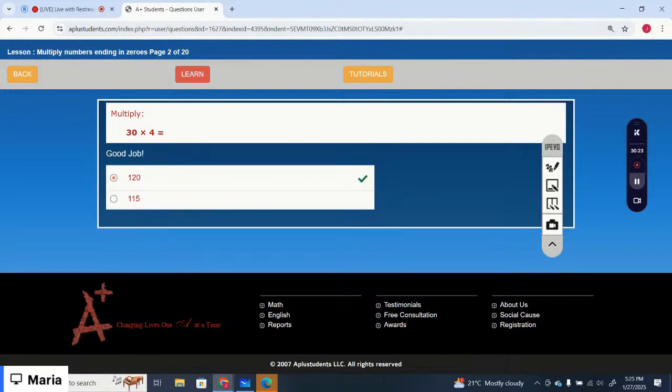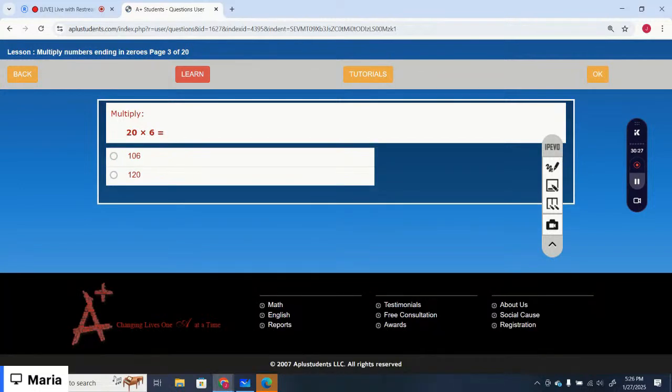That is 120. 20 times 6, which is the correct option? 6 times 2 is 12.